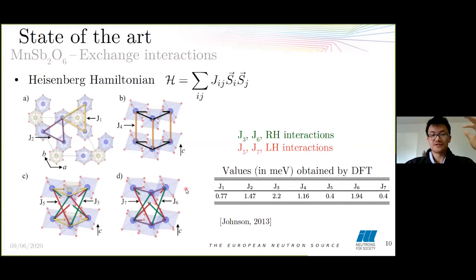And what is interesting here is the fact that the right and left-handed interactions are related to the exchange path. And if you invert the structural chirality of the sample, these interactions are actually inverted.